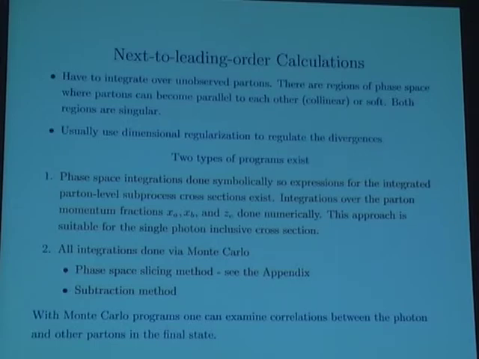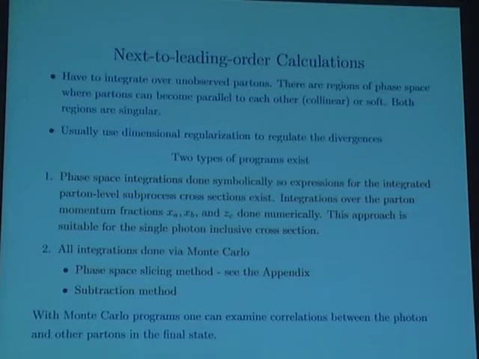Well, there are a couple of ways that this is done. If you're looking at something like an inclusive cross-section, you want a PT distribution, it's possible to do the phase-space integration symbolically, get an answer once and for all that can be coded into an appropriate subroutine, and then you can do the integrations over the momentum fractions numerically.